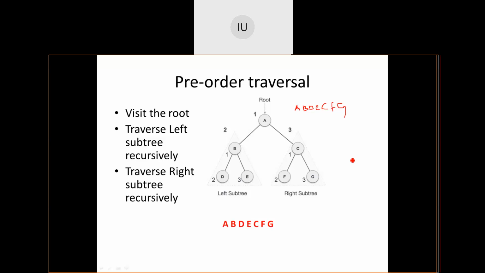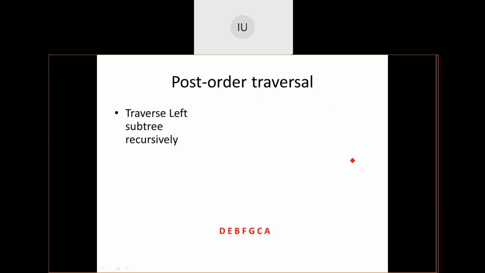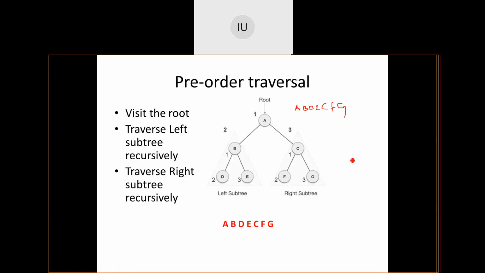I will tell you: traverse left subtree, traverse right subtree and visit the root. Left, right, root. That is your post-order traversal. Left, right and root.